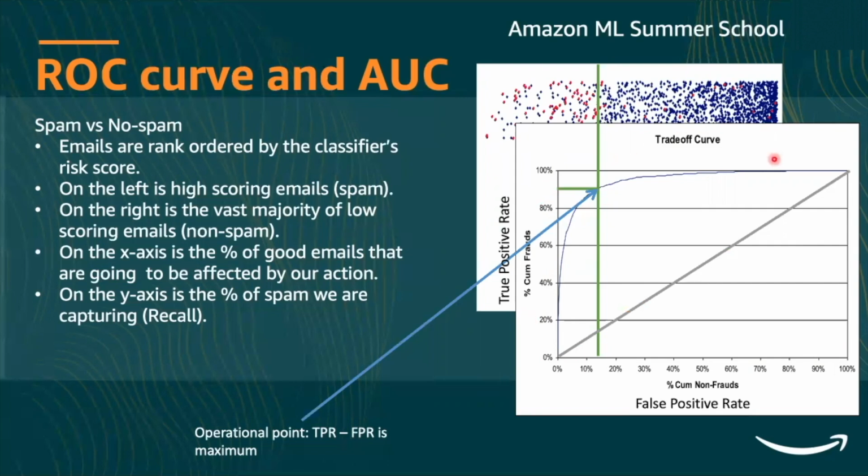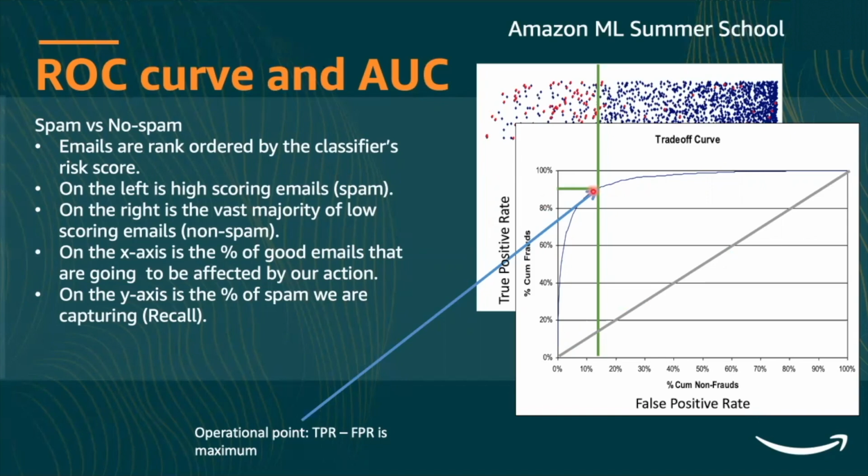Now, how do you select the best threshold, above which you mark as spam, and below which you mark as non-spam? What you do is you look at this ROC curve. You typically look for the knee point.